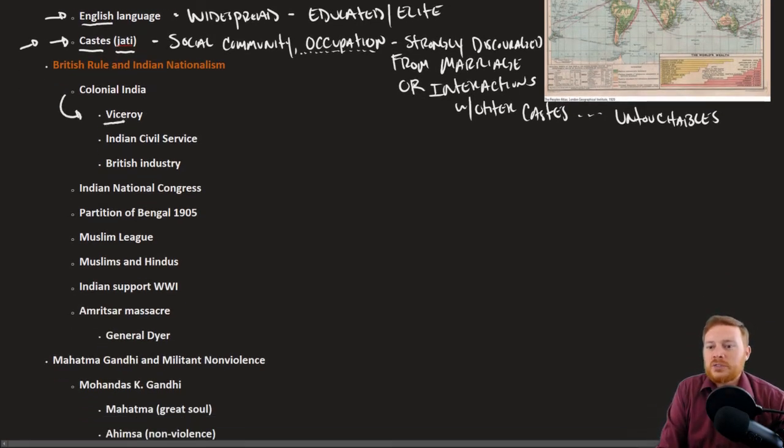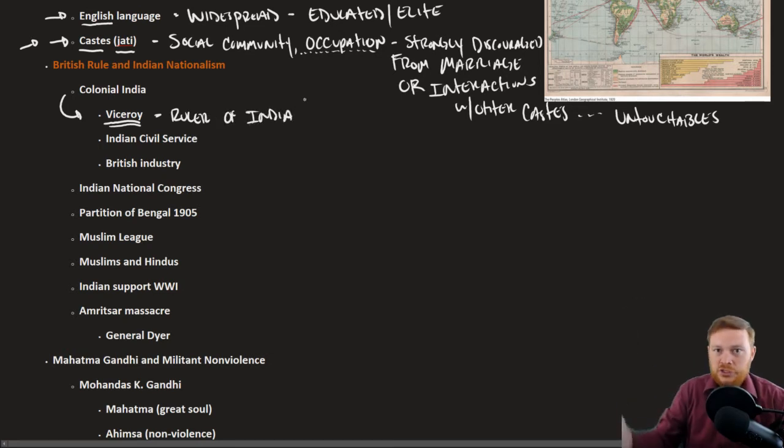A viceroy was appointed by the British government. In some cases, he was the ruler of India, or at least he was highest on the chain of command. But when the British became much more involved after the Sepoy Rebellion, they also created a much more direct control over India, over its governance and administration, the Indian Civil Service.